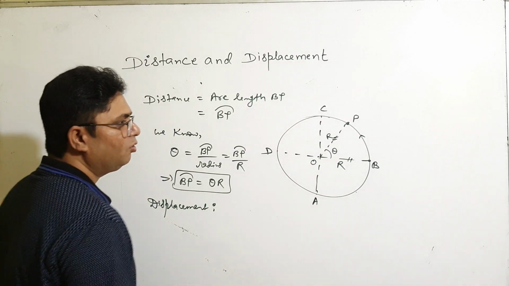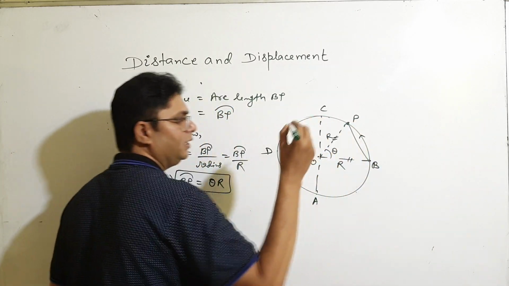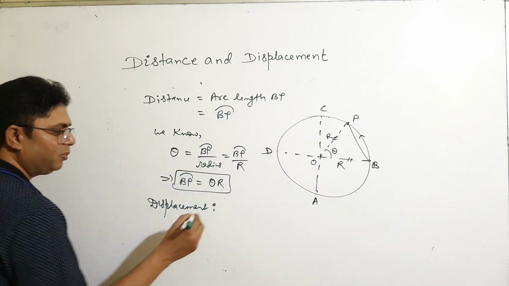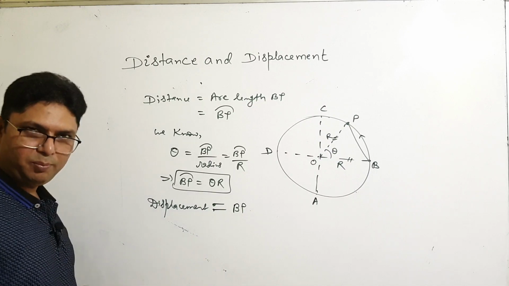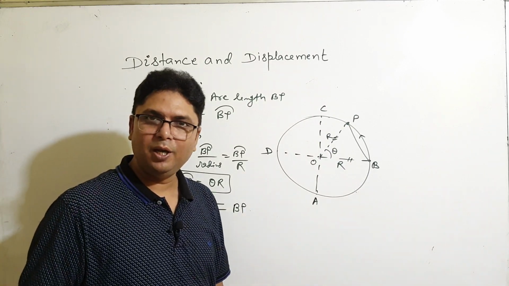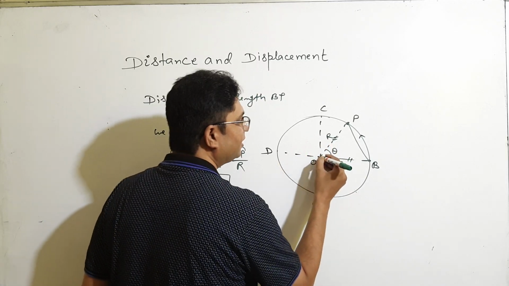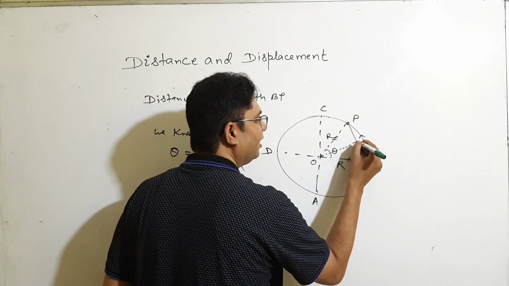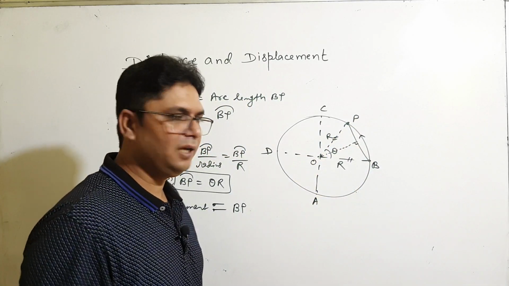Then for that you have to join this P and B with a straight line. Join it. So displacement is equal to BP. How do we obtain BP? To obtain BP, let us take the bisector of the angle theta. This is the bisector of the angle theta. It meets the opposite side BP at 90 degrees.